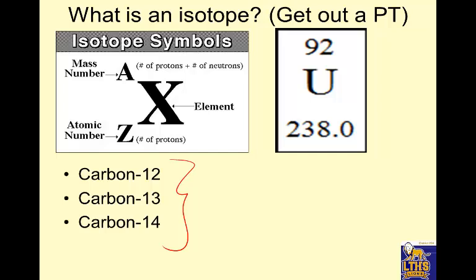So isotopes are atoms that have a different number of neutrons than the other isotopes of the same element. So this is a carbon 12 isotope, carbon 13, carbon 14. They all have 6 protons or it wouldn't be carbon. But carbon 13 has 7 neutrons, carbon 12 has 6 neutrons, and carbon 14 has 8 neutrons.